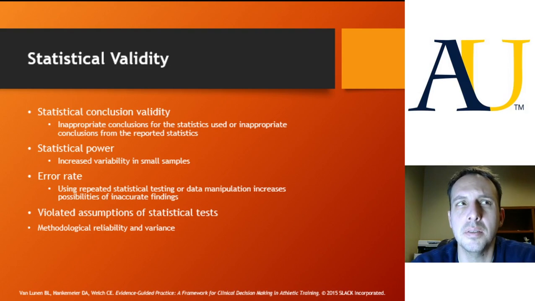We also talked about statistical power and the importance of having an adequate number of subjects in order to decrease the natural variability between individuals.